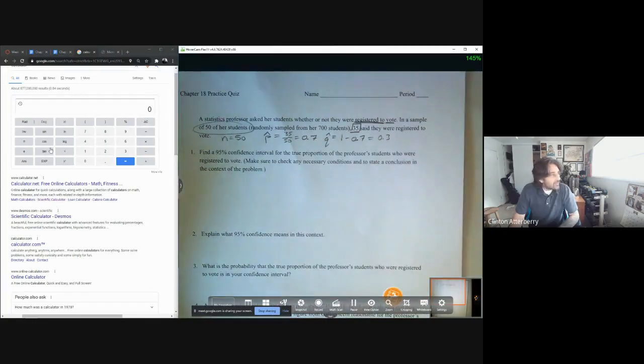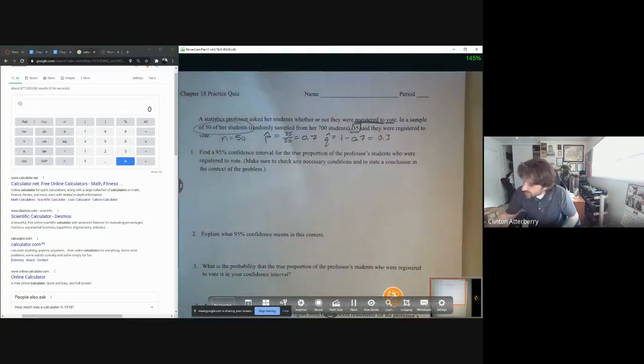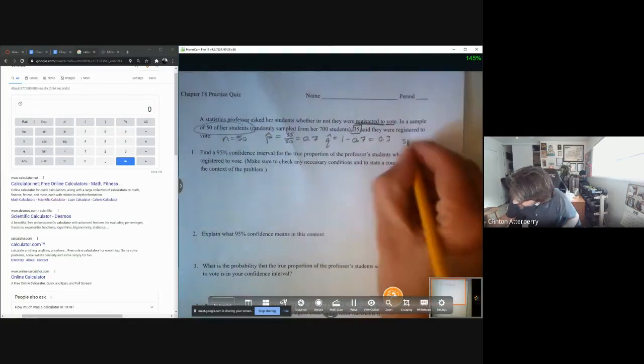Something else we should do here before we get started is this idea of what's called a standard error. It's kind of like standard deviation. It's exactly like standard deviation, but it has a different name when we do this topic. The topic is confidence intervals. So with confidence intervals, we use standard error, not standard deviation. So instead of SD, we use SE for standard error.